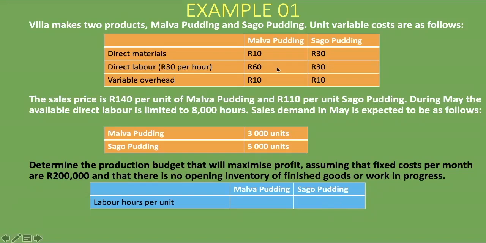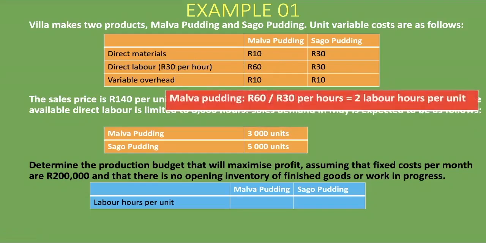So what are we going to do? We're going to take the 60 Rand per unit which Malva pudding needs, divided by the 30 Rand per hour, and it gives us 2 labor hours per unit.